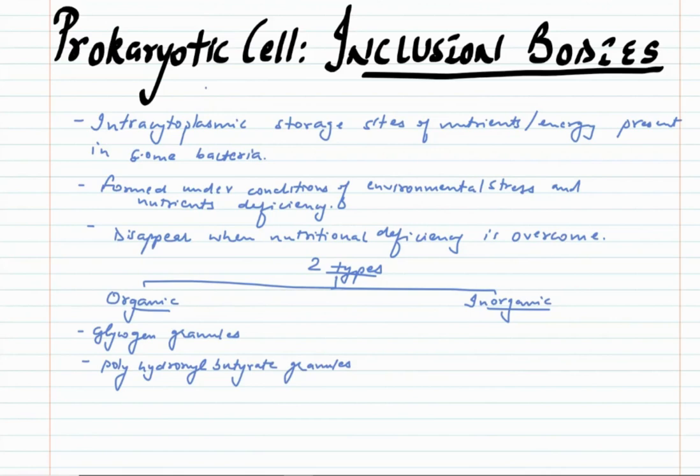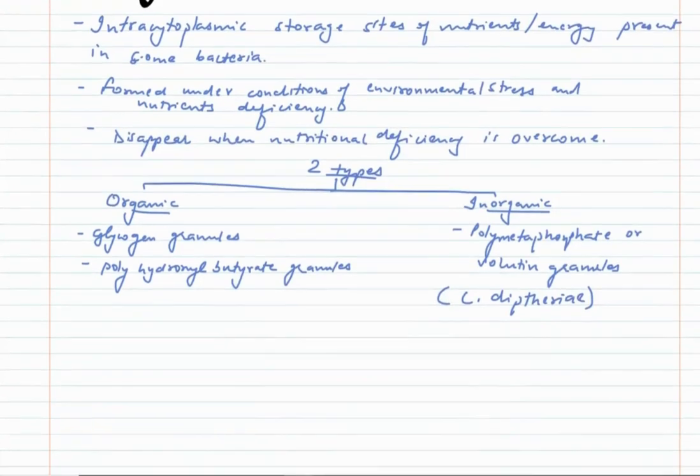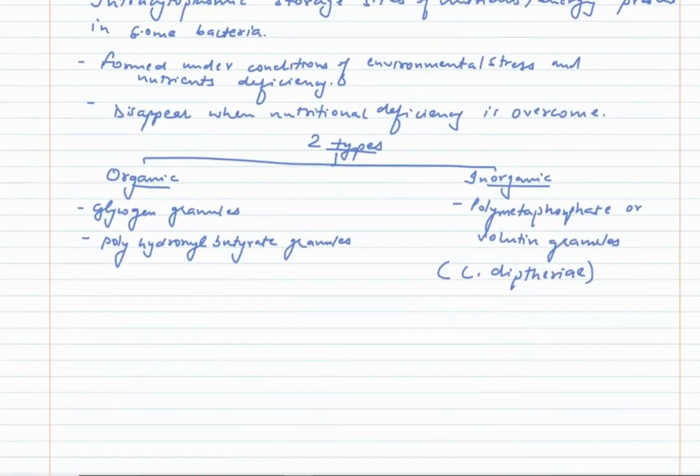In inorganic inclusion bodies, we have polymetaphosphate or volutin granules. These are seen in Corynebacterium diphtheriae, which is the causative agent for diphtheria.